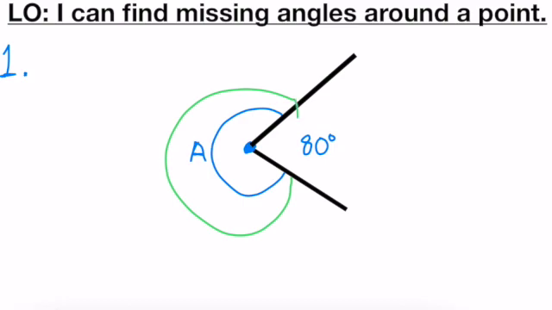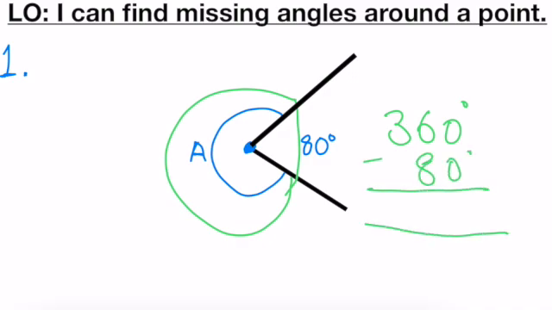So we know that the full turn is 360. So if we do 360 degrees minus 80 degrees, that will tell us what A is. Because we know that this one is 80, so 360 take away 80. So let's do that now.